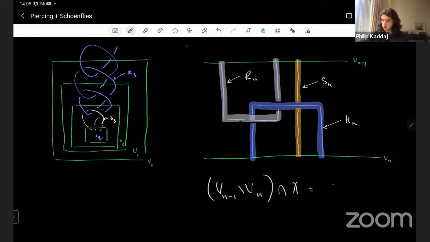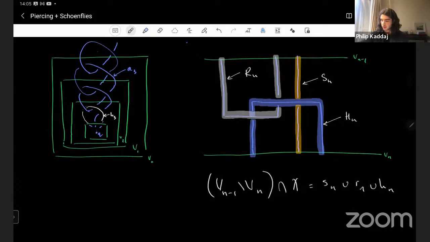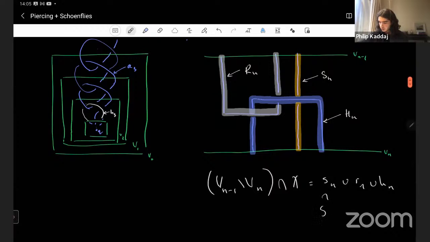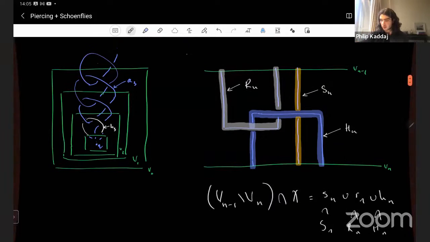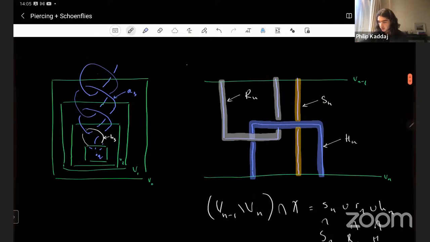So it's a union of 3 arcs, Sn, Rn, and Hn. And I write capital S, capital R, capital H for small tubular neighborhoods of these arcs. So the picture looks like this.